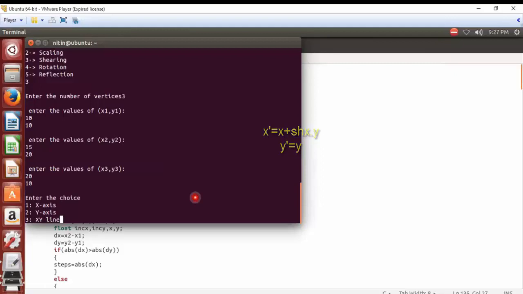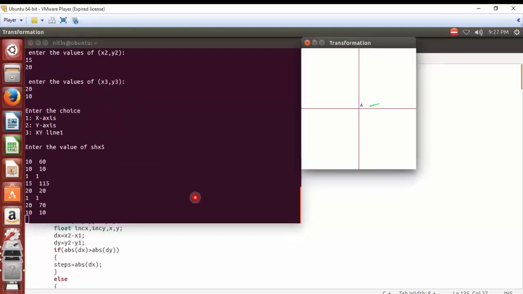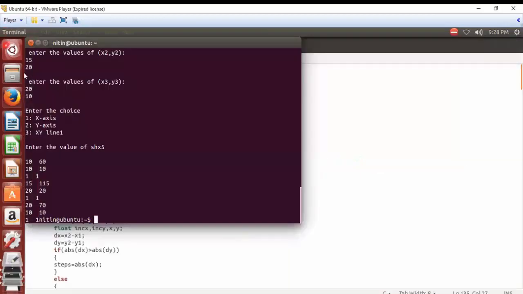So let's perform it first and see the output of x shear. So the shx factor is, let's say, 5. So this is the output of our x shear. According to the formula, the values of x will get changed.